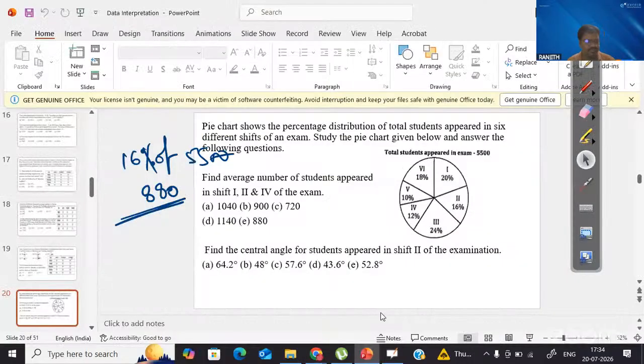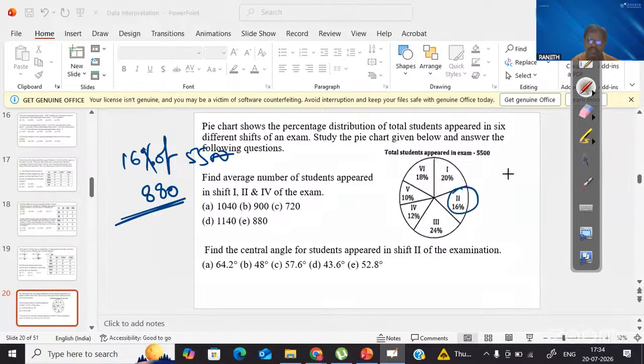Next, find the central angle for students appeared in shift 2 of the examination. Shift 2 will be equal to 16%, where we need to find out 16%.